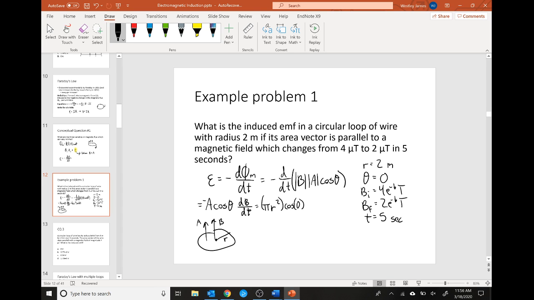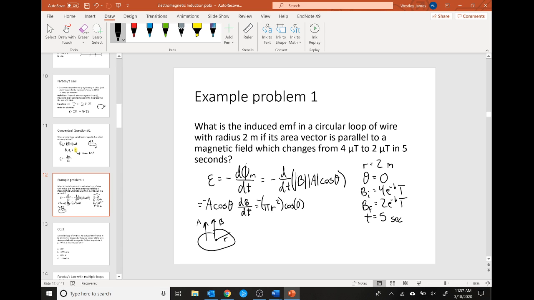And the change in magnetic field with respect to time, we assume, unless I say otherwise, and I'll tell you every problem I gave you, it changes linearly. So basically we can just say 4, make sure we put our negative there, 4 e to the minus 6 minus 2 e to the minus 6 over 5. The final magnetic field, oh, I have this backwards. We want to do final minus initial.